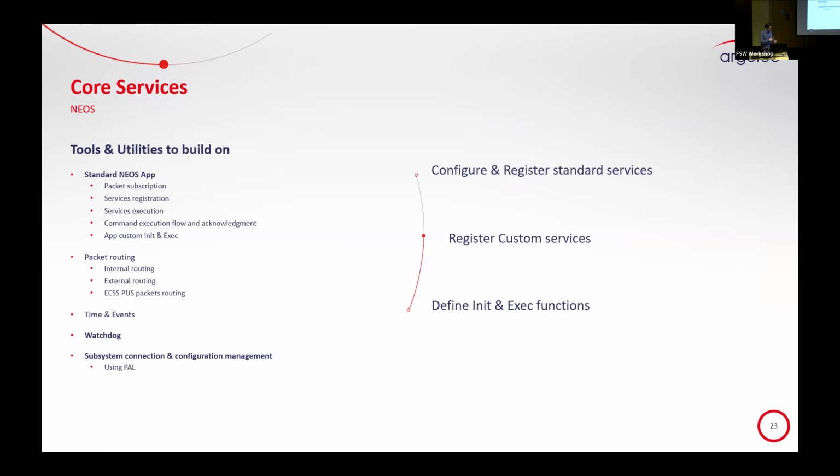We can just configure services that are available and have, for example, the subsystem connection and configuration management, which is basically a state machine with timeouts and retries and error management, which is common for all our subsystems, even though it calls different APIs, which are, however, standard.